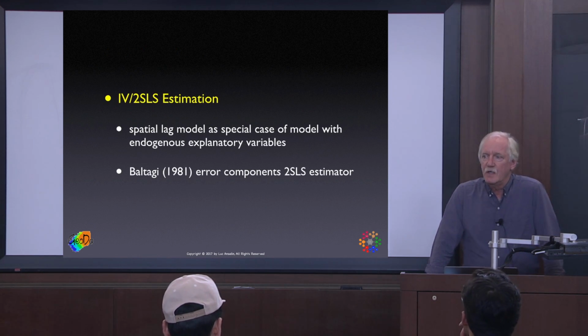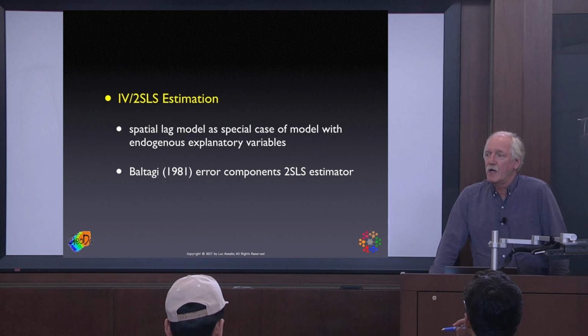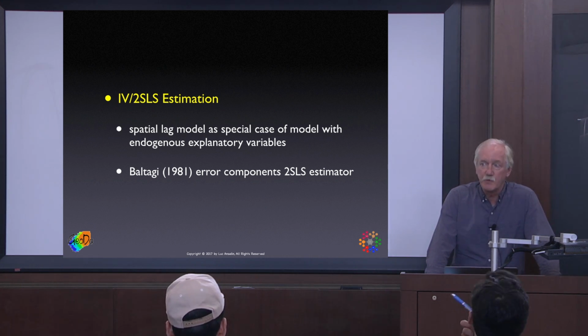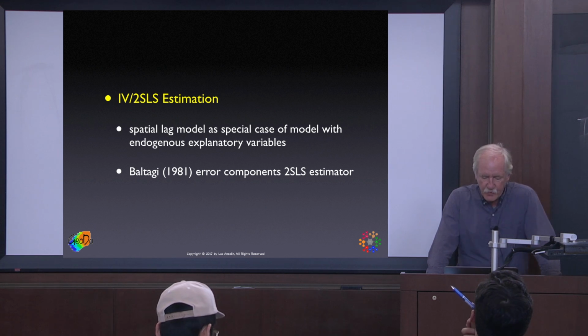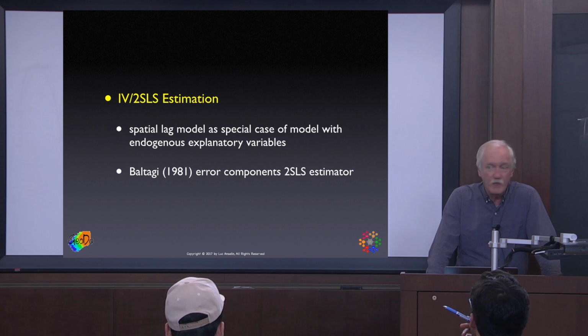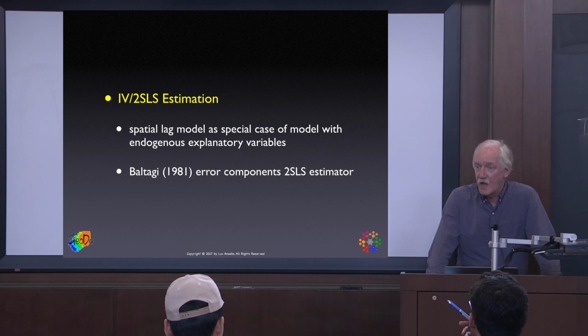Second strategy is throw away the assumptions behind maximum likelihood, the full parameterization, normal distribution, and all that stuff, and just go deal with the endogeneity. That only really works for the lag model.